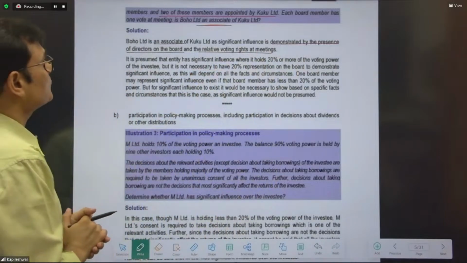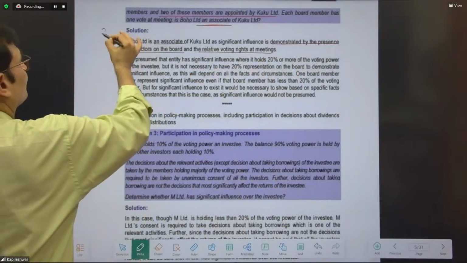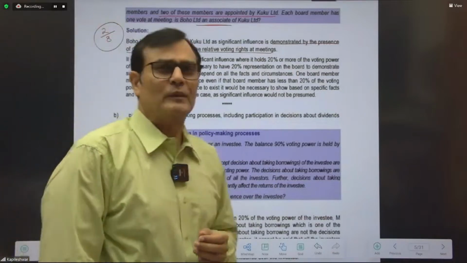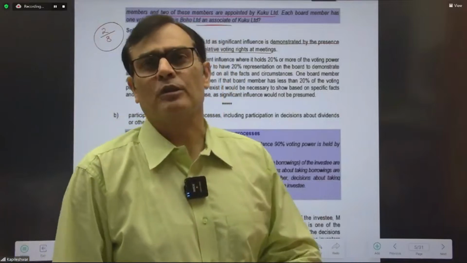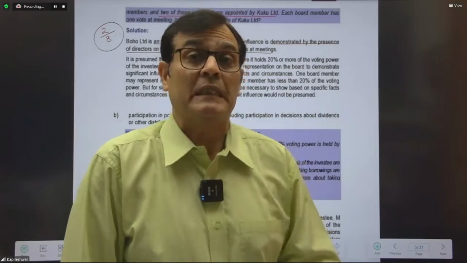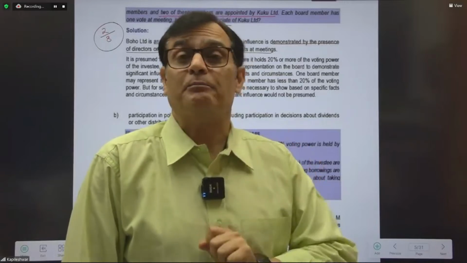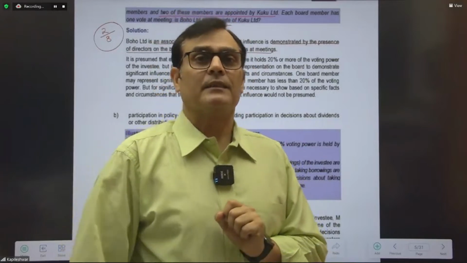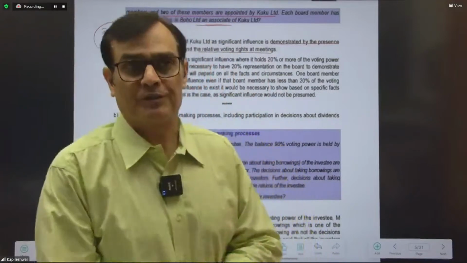So we can say in this particular case, there are a total of 8 members and he can appoint 2 of them. So he's got almost 25% representation on the board of directors. And if the decisions are going to be taken by the board of directors, considering that he's got a 25% representation, I think it would indicate the presence of a significant influence.